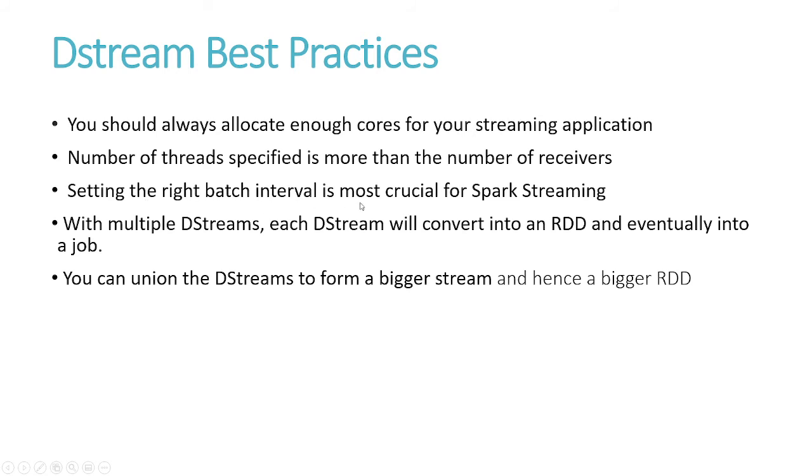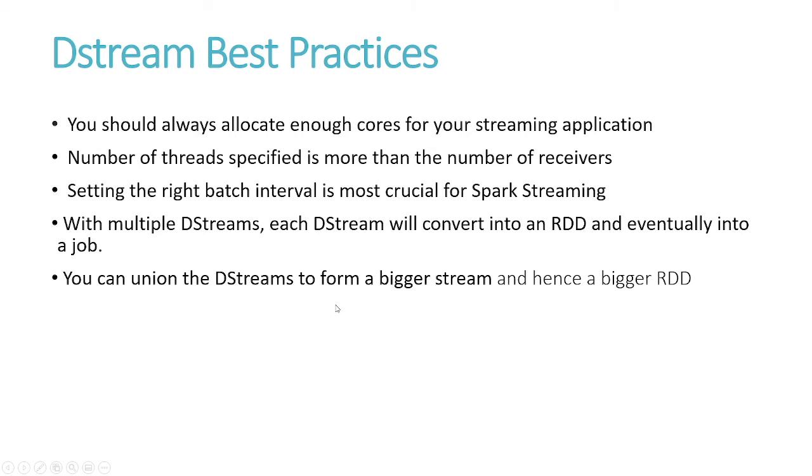Setting the right batch intervals. With multiple DStreams, they would be converted into RDDs. So eventually it would be RDDs, and hence you need to define that, and afterwards there would be a union for small ones.